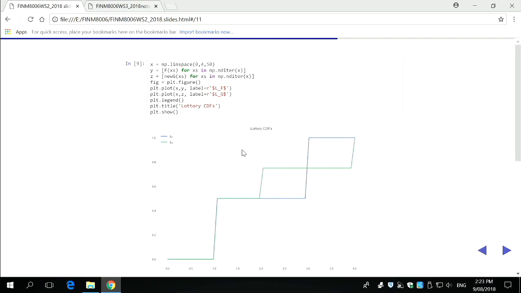Remember in the lecture notes we had normally distributed functions with two crossings, but here you have a single crossing, just this blue line going from underneath to up. So this is really just our second order stochastic dominance.